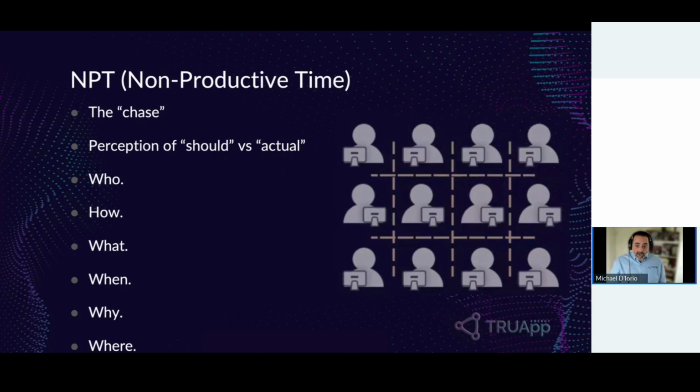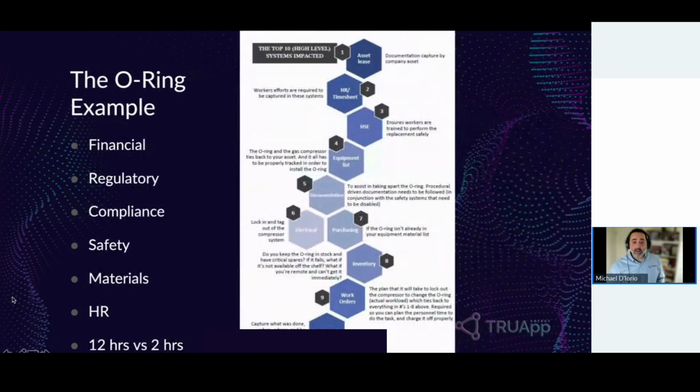And then how do you manage this on an ongoing basis, keeping it all up to date, whether digitally or manually? Those are key questions and a big, big part of the problem. Next slide, please. So what I'd like to do here is go over an example.